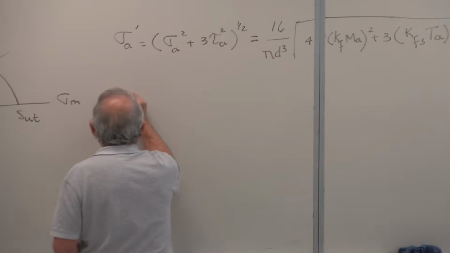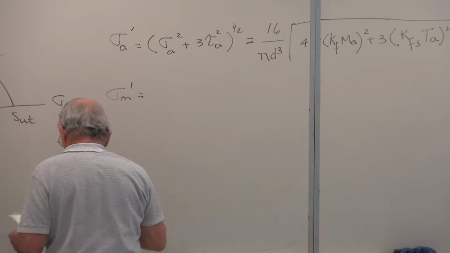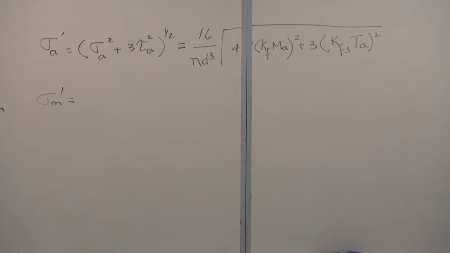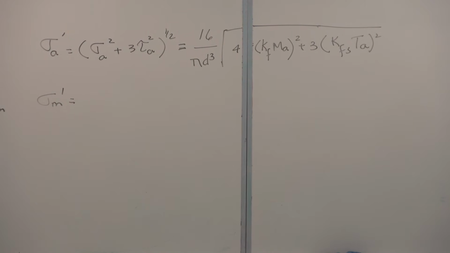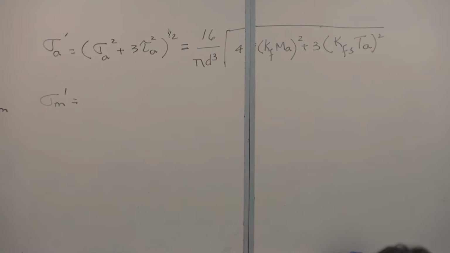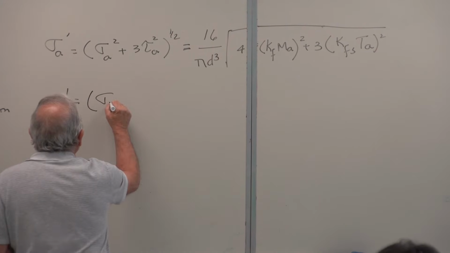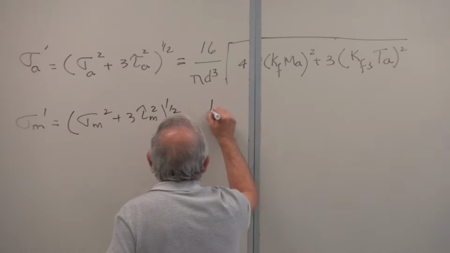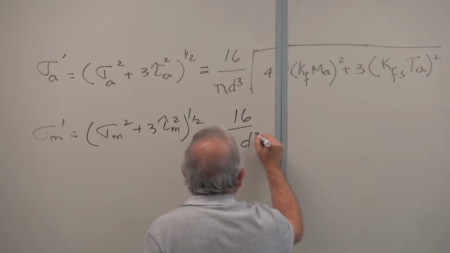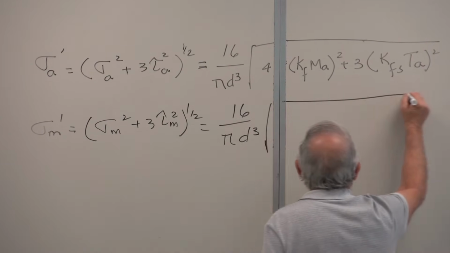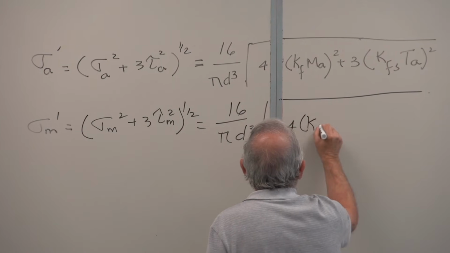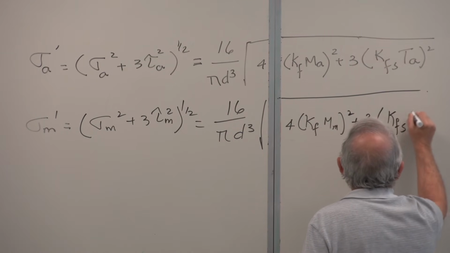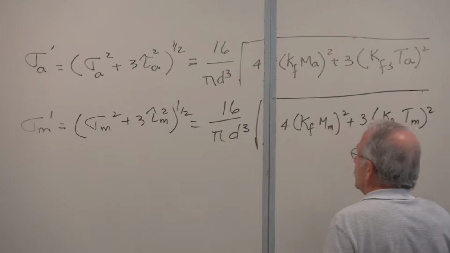And sigma m prime is equal to (sigma m squared plus 3 tau m squared) to the 1/2. That gives you 16 divided by pi d cubed times the square root of 4 times (kf mm) squared plus 3 times (kfs tm) squared.